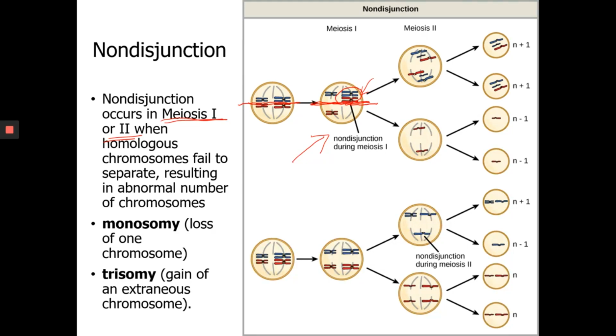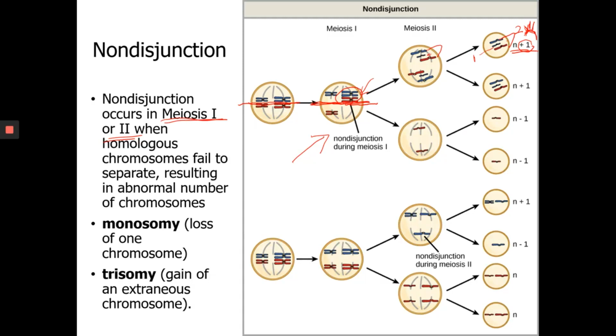So after meiosis II, you are going to have an extra copy of a chromosome, right? These 2 sister chromatids are from the same chromosome. So instead of 1 copy, which is the normal number, like this small chromosome, you only have 1 copy in the gamete. For this chromosome, you have 2 copies, which is not normal. So I'm just going to draw this unhappy face. That's why you have n plus 1, because you have 1 extra copy.